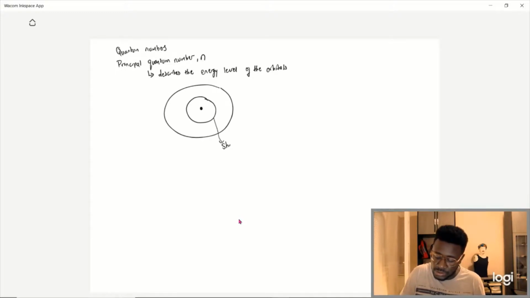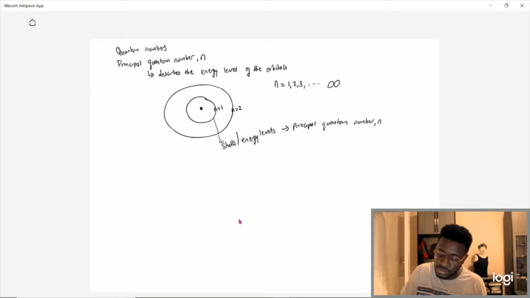These are shells or energy levels. This is described by the principal quantum number, given as n. So this is n equals 1. This is n equals 2. So there are different values for n. The values for n range from 1, 2, 3 to infinity. So n is equal to a positive integer.